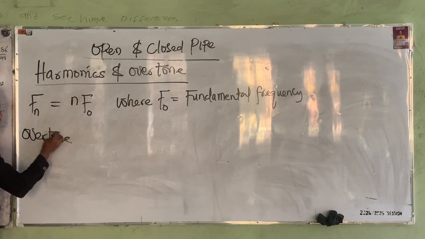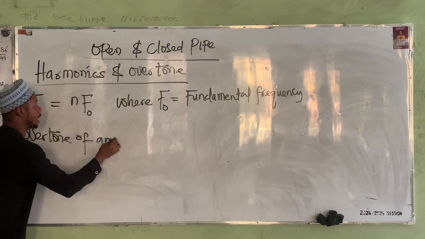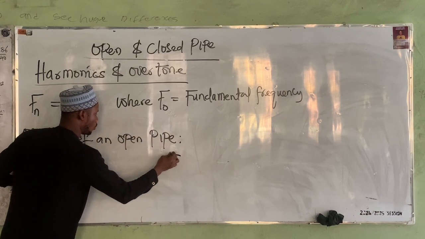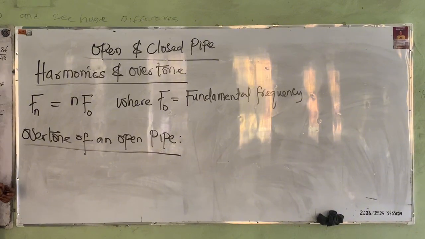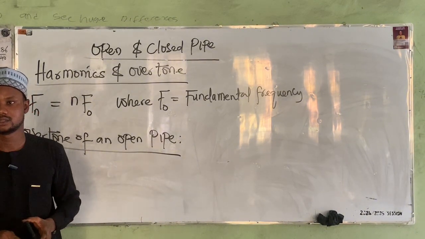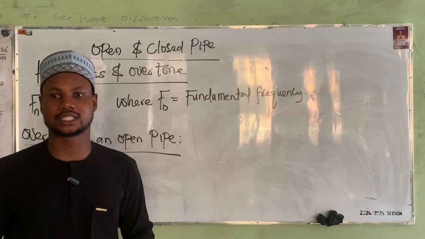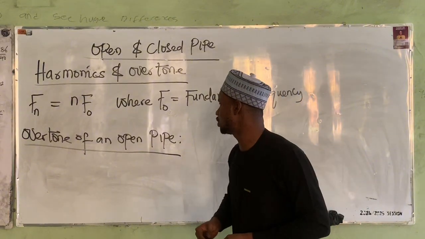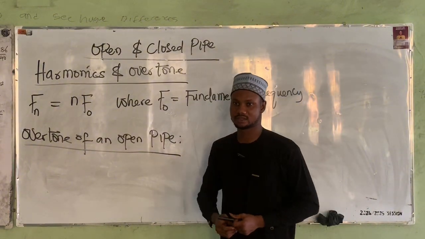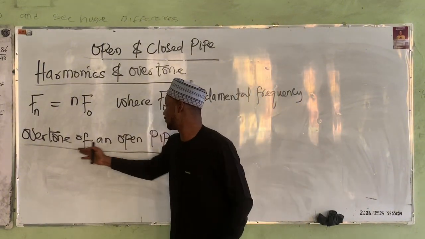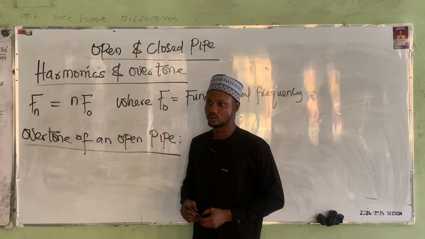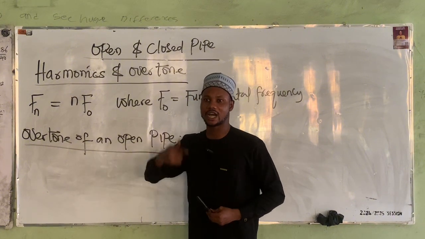Overtone of an open pipe. Let's write: overtone can be defined as the frequency over harmonics.